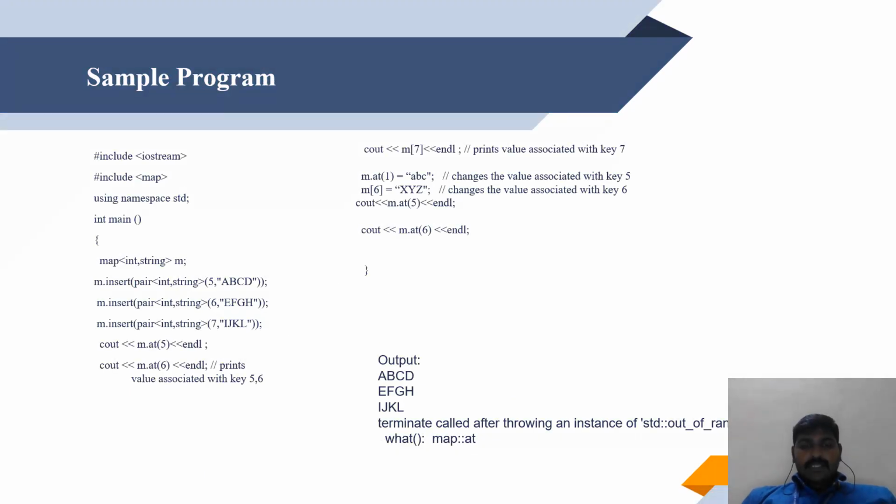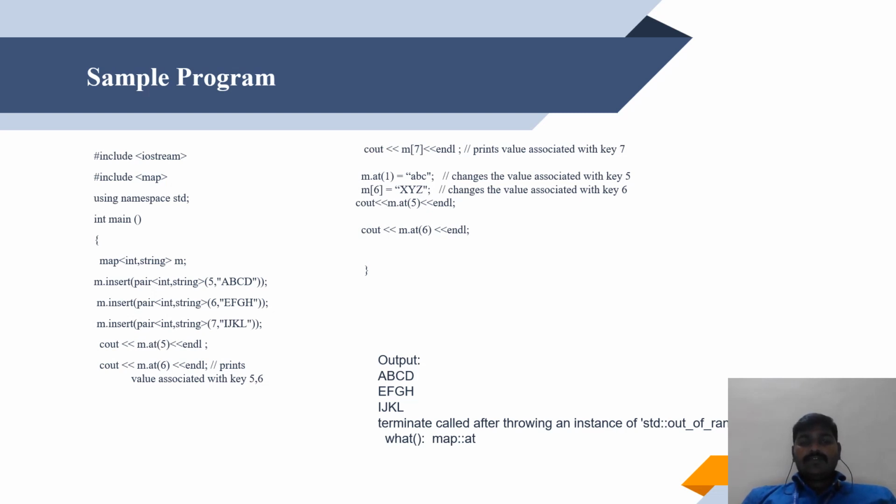So here is one example. Actually, it's a very simple example. Okay. So I'm just adding, as usual, iostream. I'm adding map, since we are going with map, and using namespace std as usual. And this is the syntax I've told you, right?